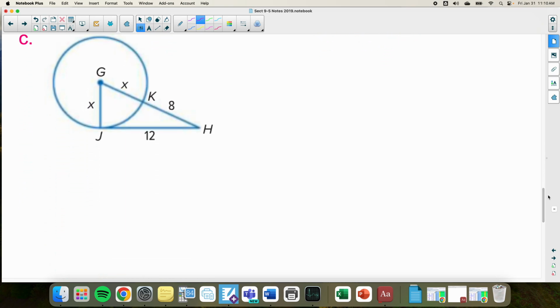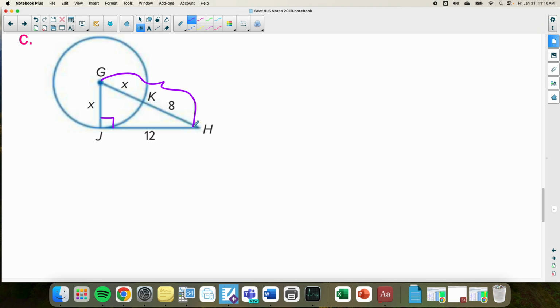Now, this problem right here requires more work. So, first of all, do you all know our right angle is going to be right there? Okay. What do you think we can say for that side length? Yep. The side length is 16. We can't assume that.